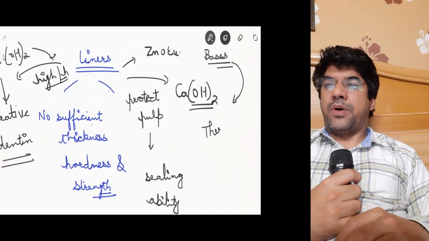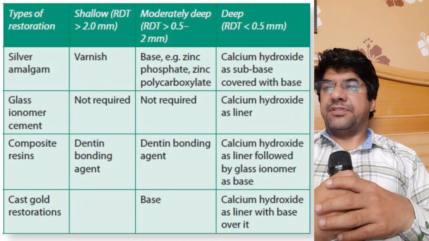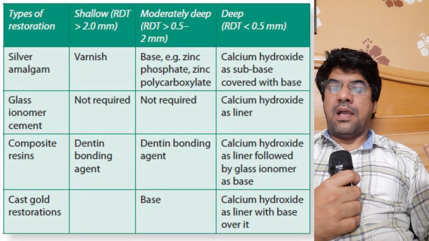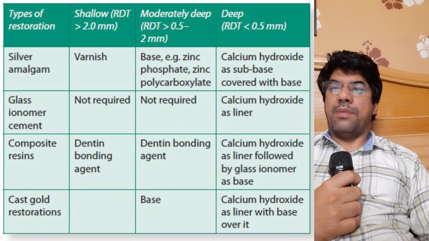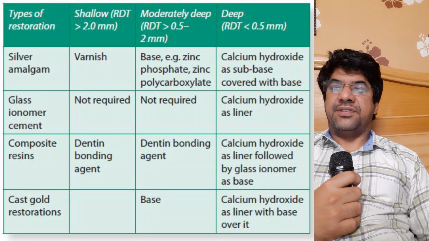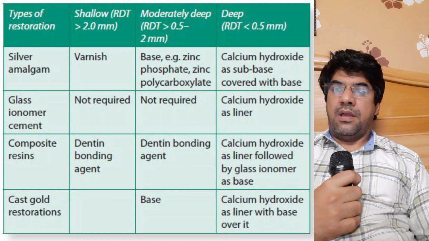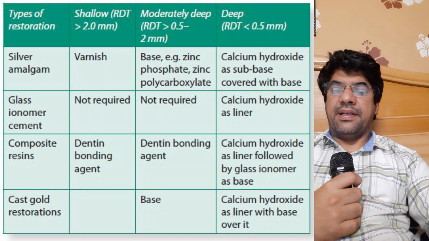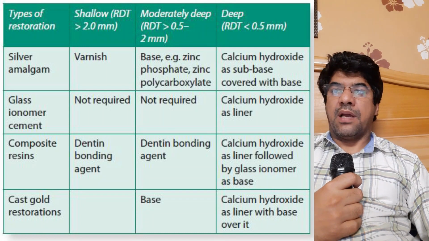So this table is important, showing the method of pulp protection for the different restorative materials. If the remaining dentine thickness is greater than 2 mm, then under the amalgam restoration we use varnishes, while in the case of moderately deep cavities we use bases like zinc phosphate, zinc polycarboxylate.